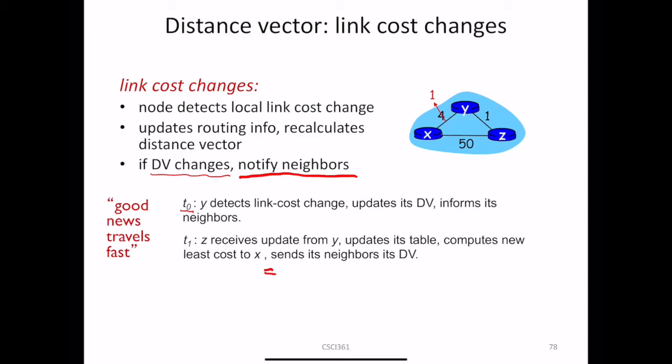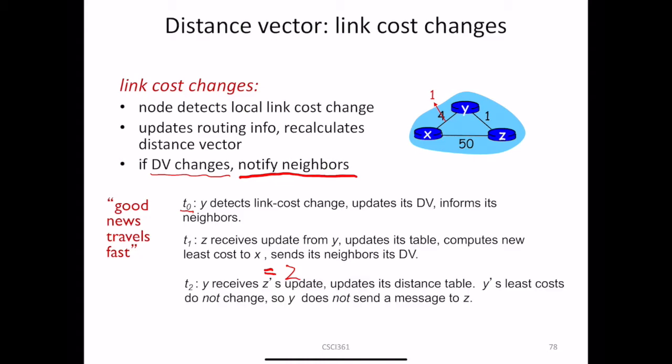However, currently it still uses the same path, Z, Y, X, but the cost will be changed to 2. Then it sends its neighbors its new distance vector.